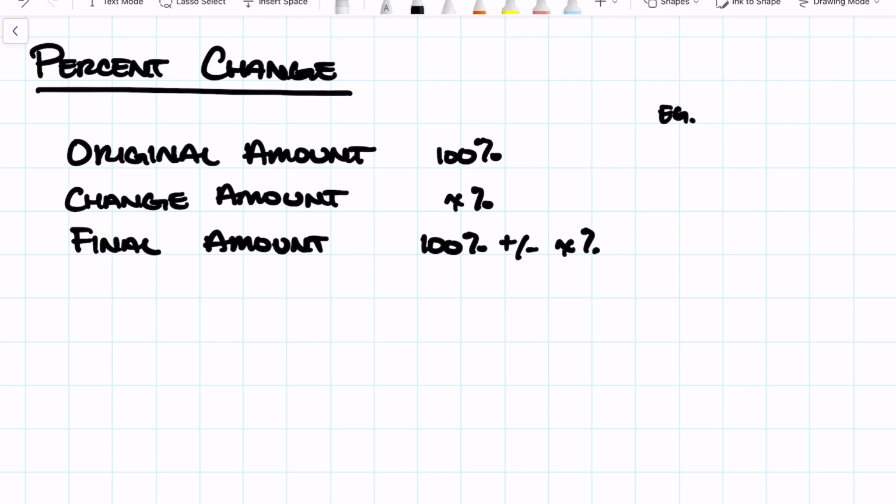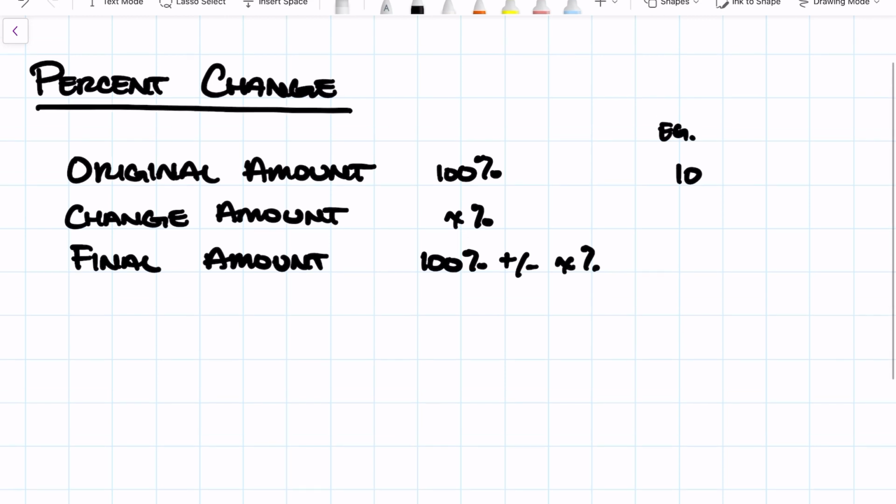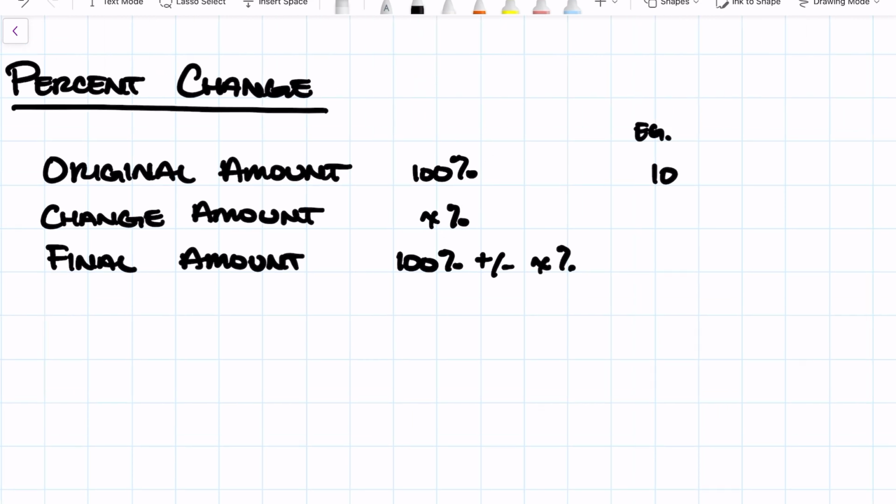So let's say we have 10 of whatever object, right? We used fruits last time. So right now we're going to say 10 of a particular object. Now let's say the change percent is going to be a positive increase of 10%, right?